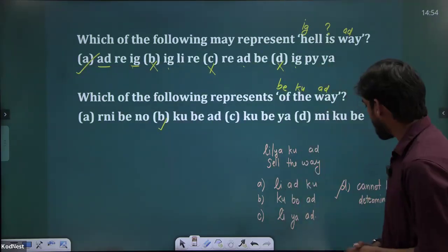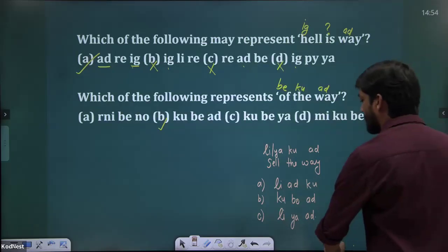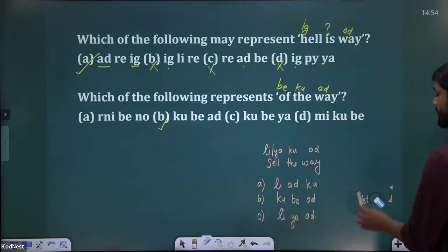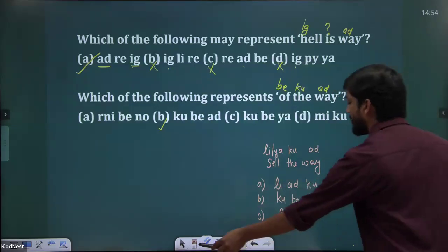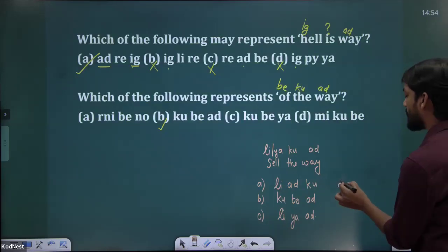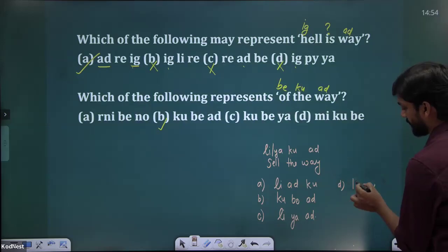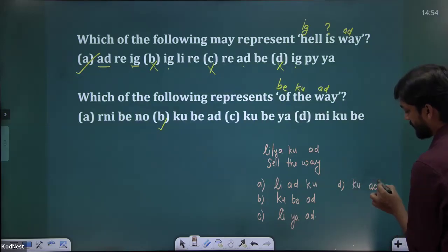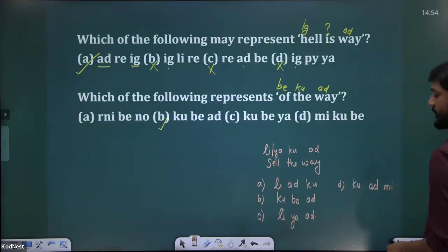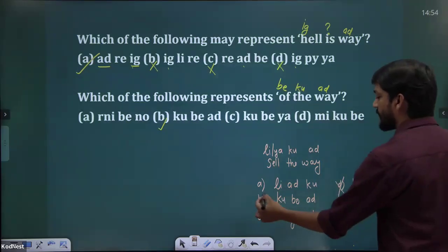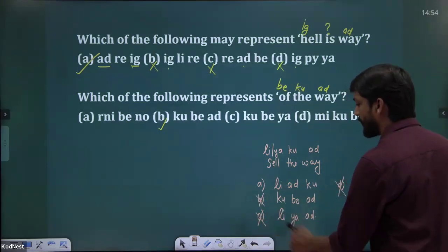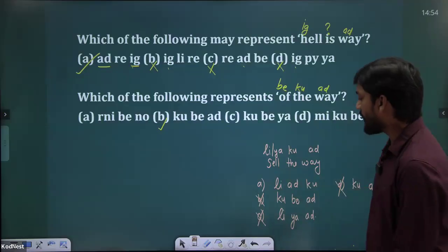But suppose cannot be determined is not present, and let's take one more option, D option, which is this. So this is wrong. This also is wrong. So only this can be right.